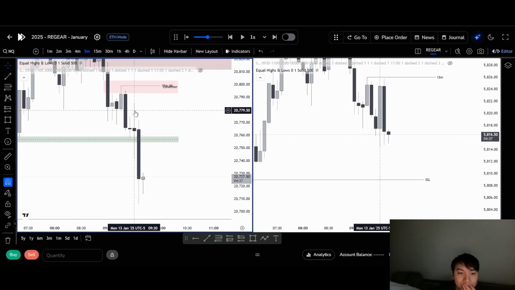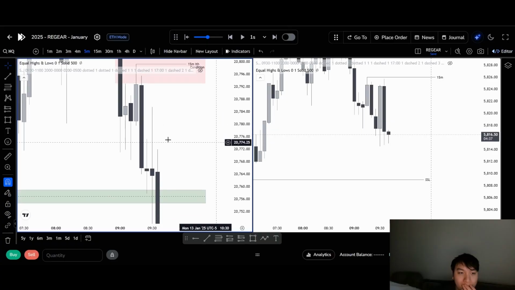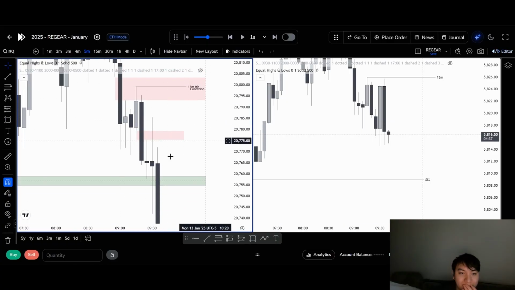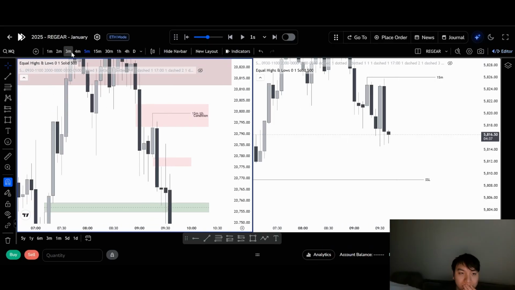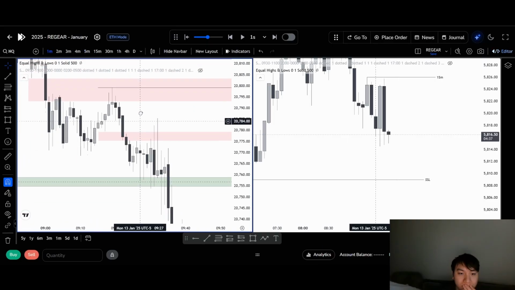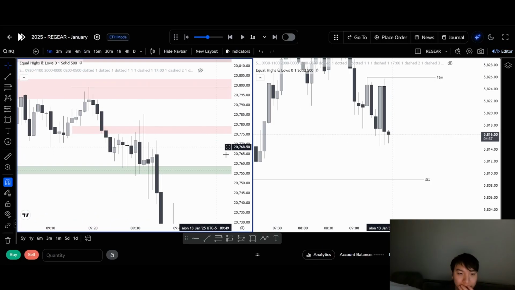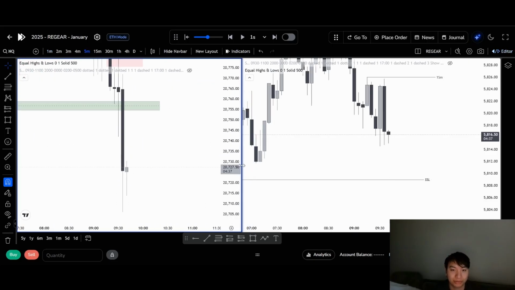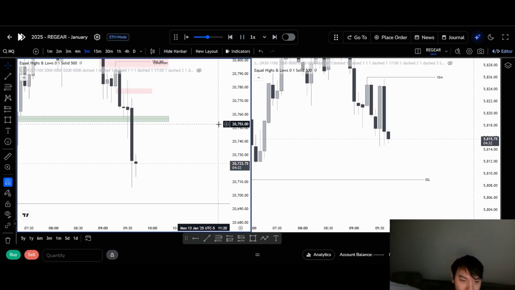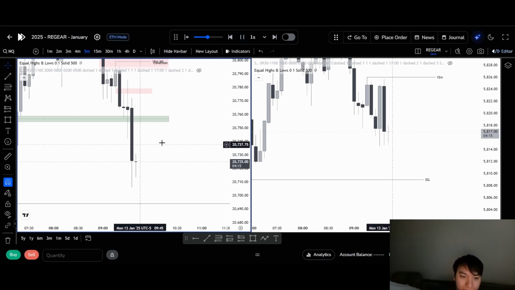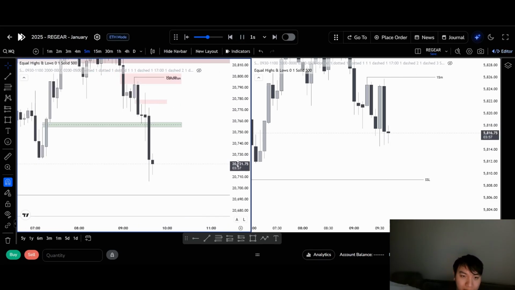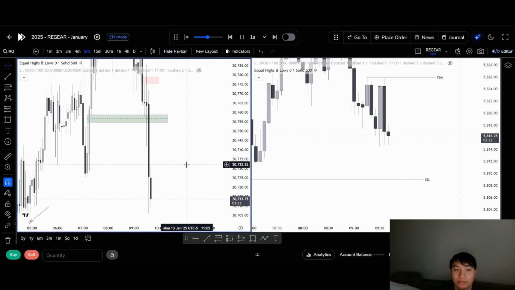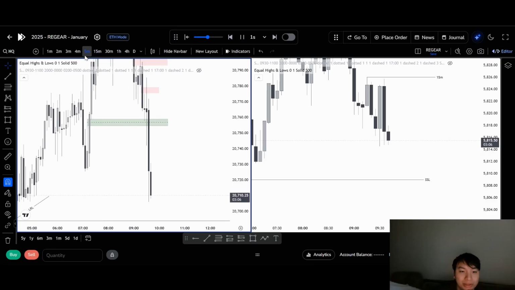Really, I want to take continuations, ending up sweeping to this 5. Realistically, I couldn't, because there's no opportunity there. Just have to wait for a sweep into a 5. Sucks. But I do think price is going to sweep out this sell side before we even get any opportunity to enter.